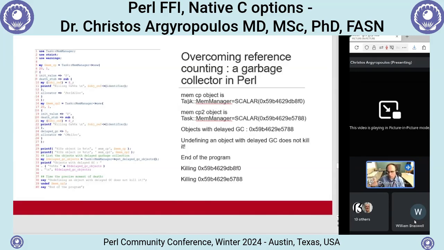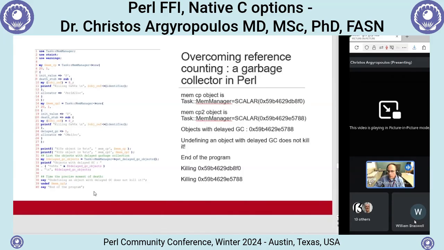When you execute this program, it will tell you that the memory copied object was given this address, that the copy of that was given a separate address, and that this object has been tagged for delayed garbage collection.